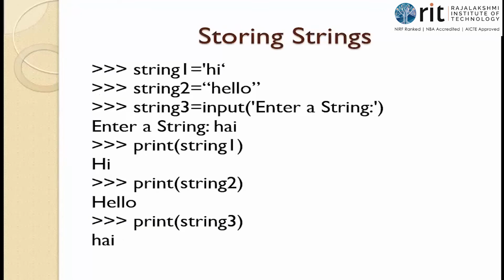Okay. Storing strings. How do you store a string? I'm going to give a variable name, string 1. String 1 is user defined. You can give any name you want. String 1 is equal to hi within single quotes. So what is the value here? Hi is the value that gets stored onto string 1. You print string 1, hi will be printed.